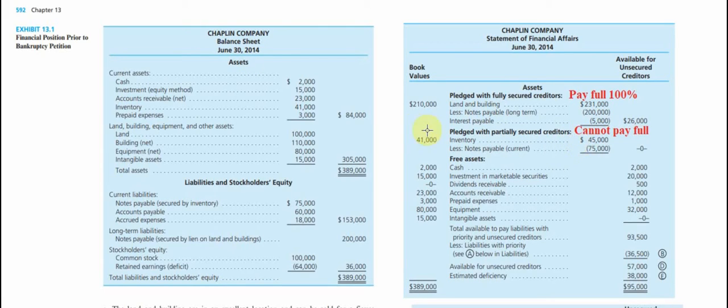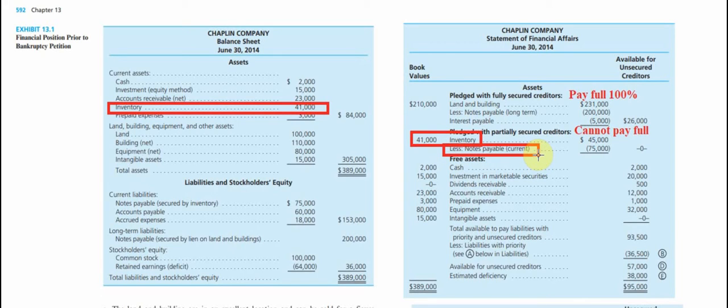The next one is the inventory. We have 41 inventory over there, and then we minus the current liability, which is notes payable here, because they use notes payable to pay for inventory.